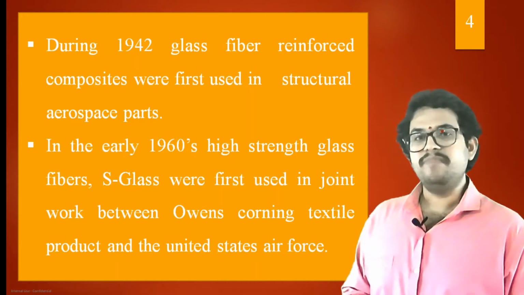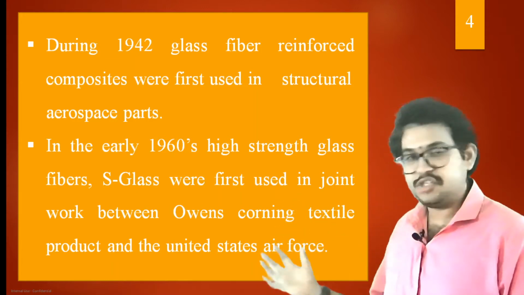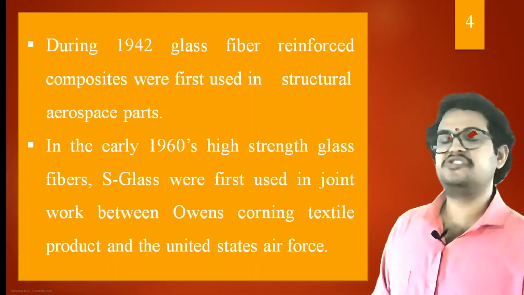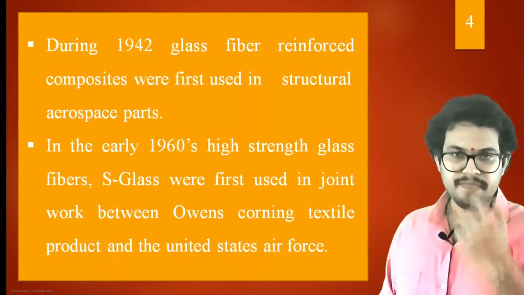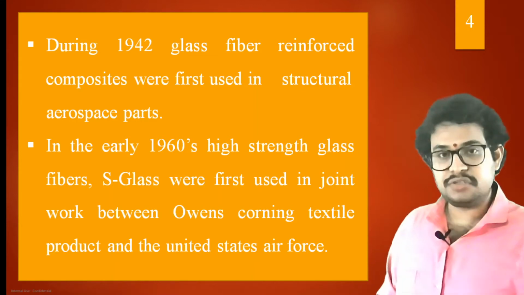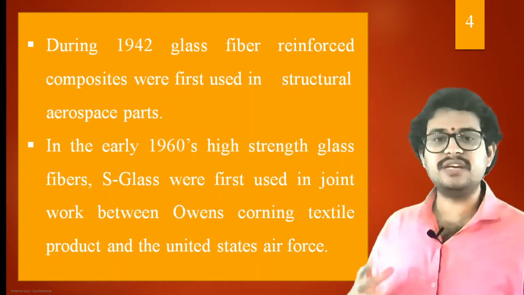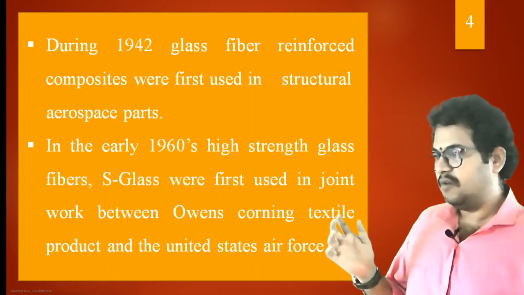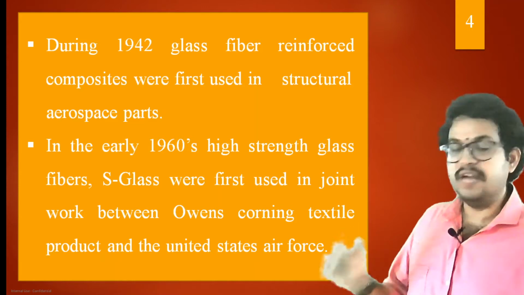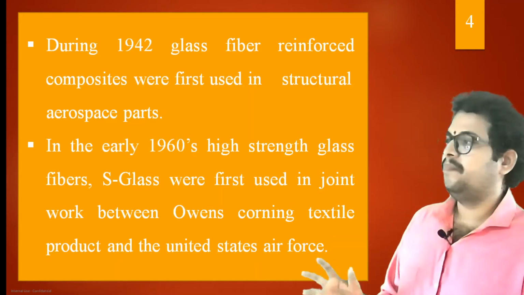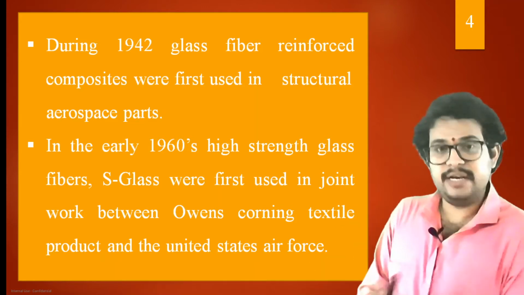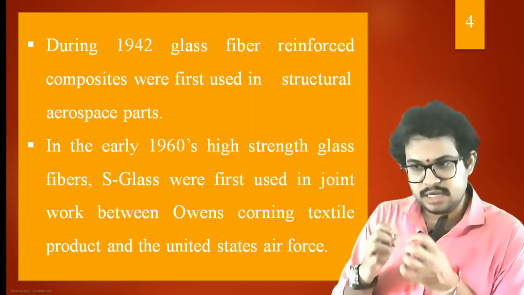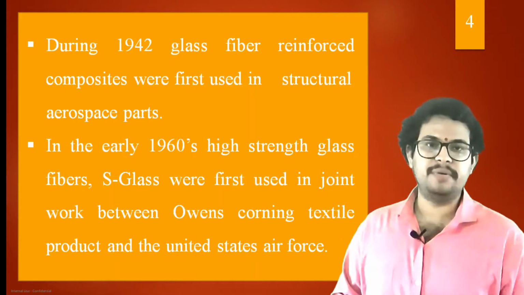Then the first glass fiber was actually used in fabricating a structural aerospace component, right? And in the early 1960s, high strength glass fibers, called S glass, right, were first used in work carried out with the contribution of two different industries.